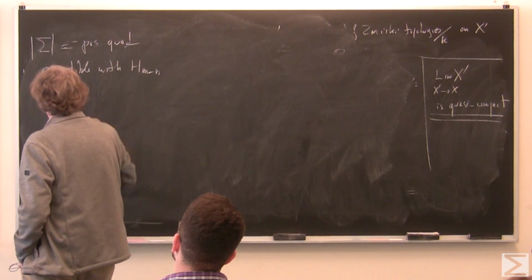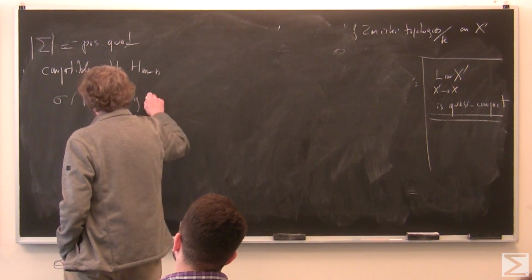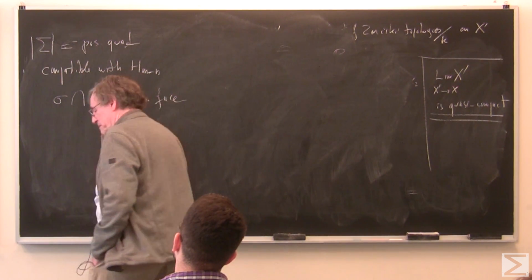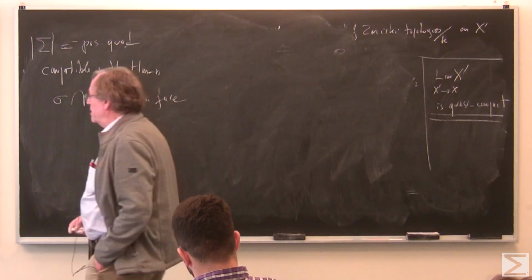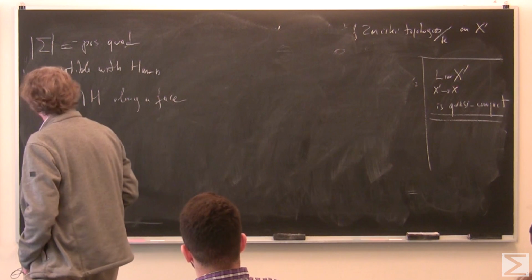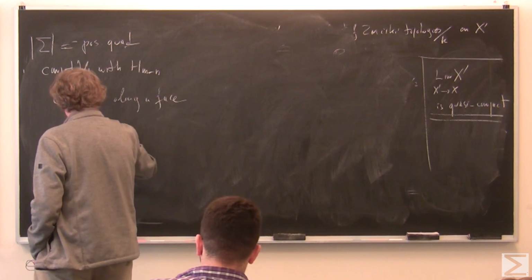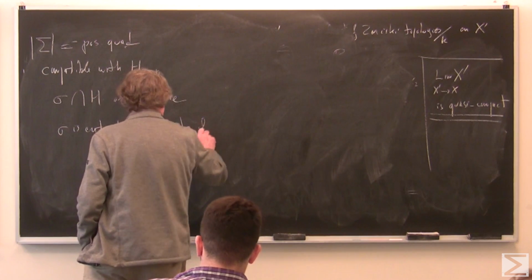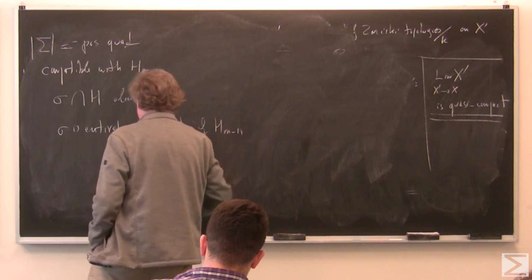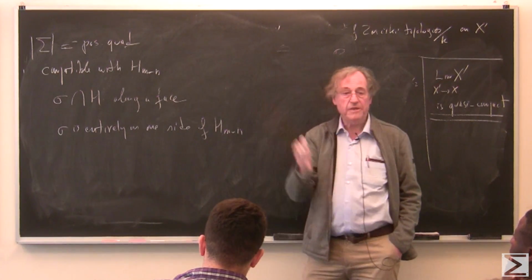It means that every cone in my fan intersects the hyperplane along a face, which may be the origin, of course. This means in particular that if I have a cone like that, sigma is entirely on one side of H. This is a tautology. To say that it's compatible is precisely to say that the hyperplane doesn't cut through sigma.